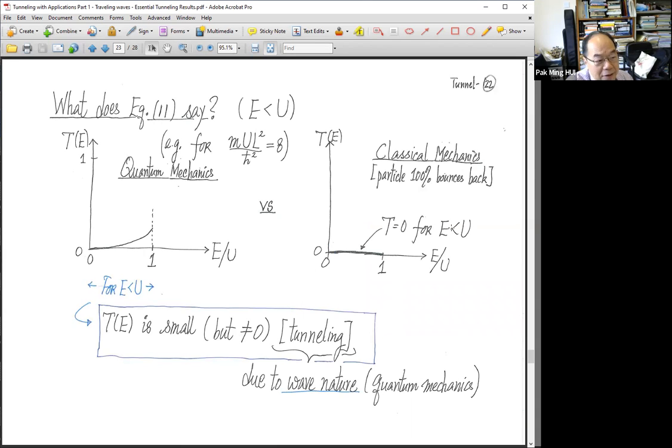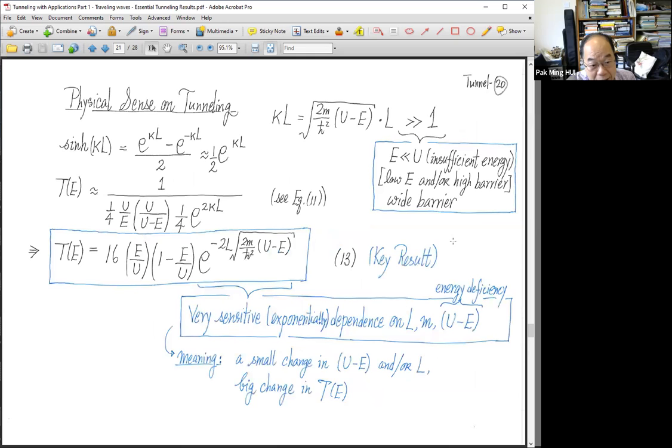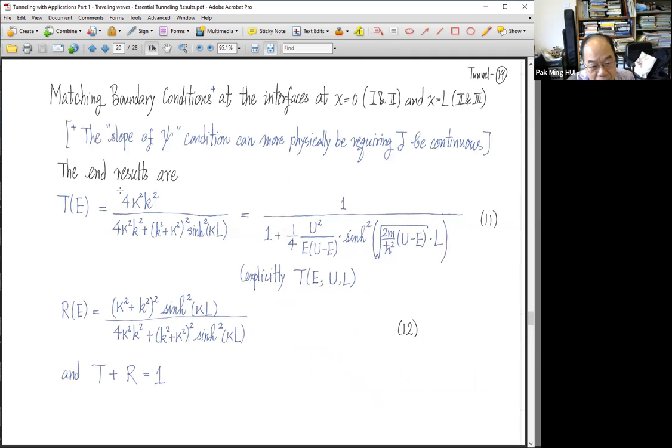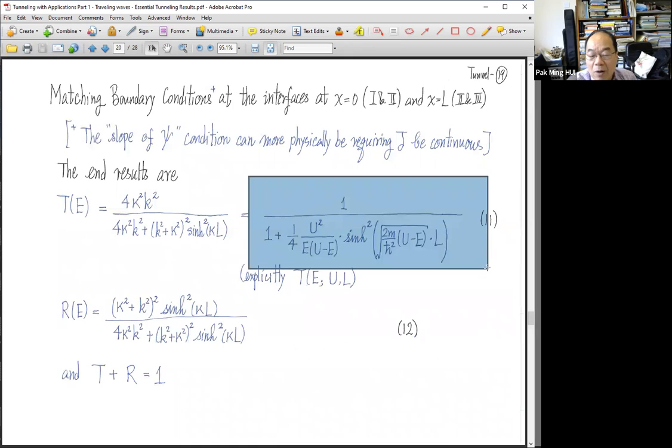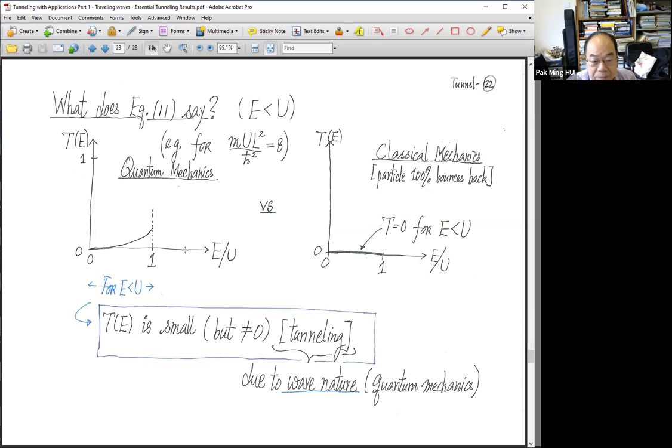So now let's draw it out. What I mean is that I can draw this, or even I can draw this one exact formula out, okay? What am I drawing? The formula was derived for energy below the barrier. Therefore, the x-axis is incident energy divided by the barrier height, I'm using that formula and restricting the range from 0 to 1.